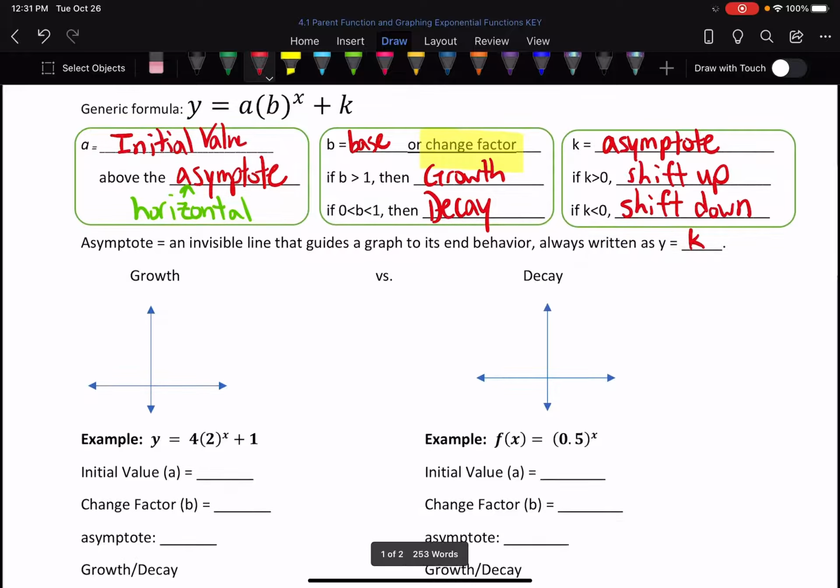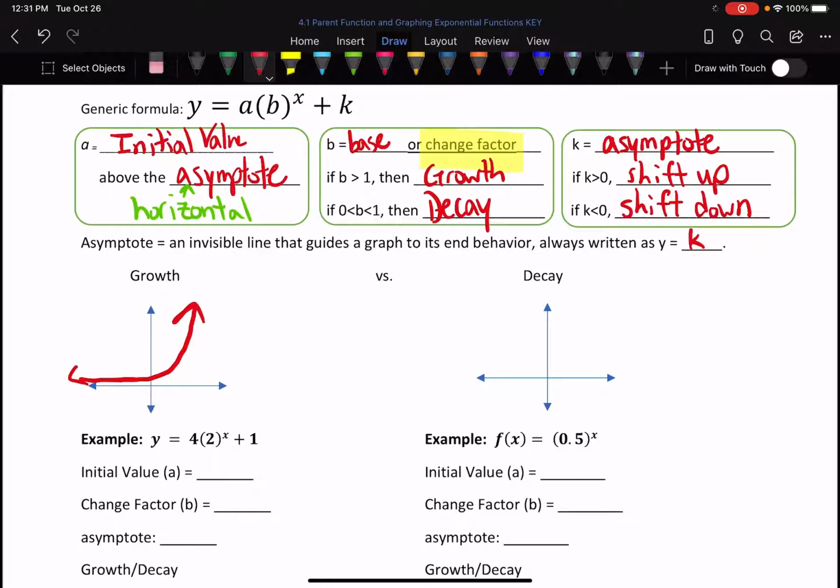So let's look at some growth and decay functions. A growth function then is going to be something that faces upwards. So if it's a growth, it's going to look something along these lines.